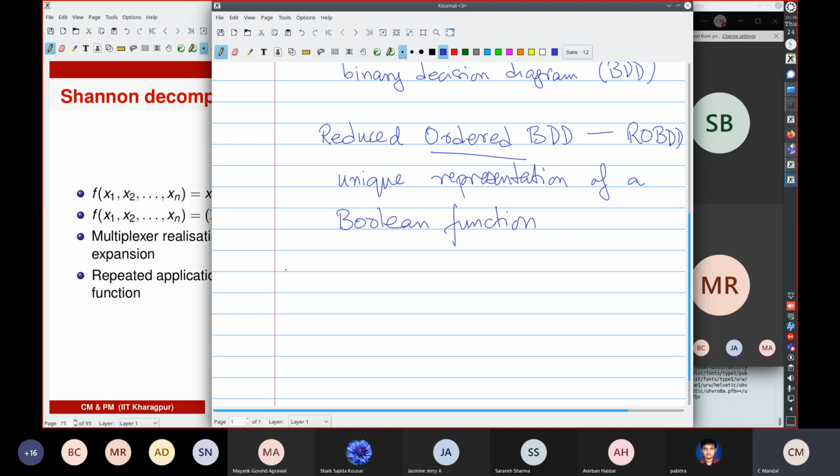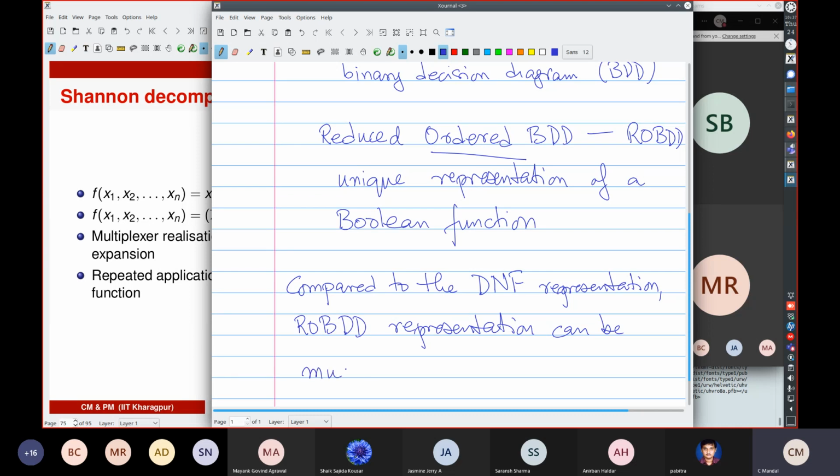Now, if you compare to the min term representation, also called DNF representation, this representation can be much smaller or compact. All right, so this is just for your information.